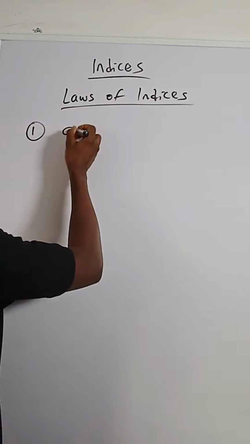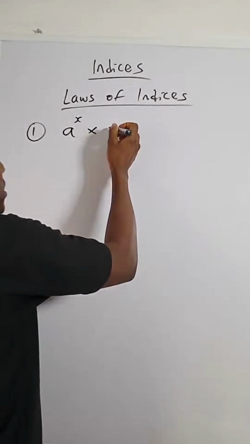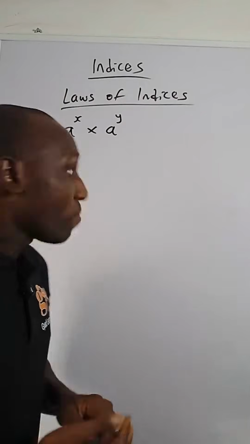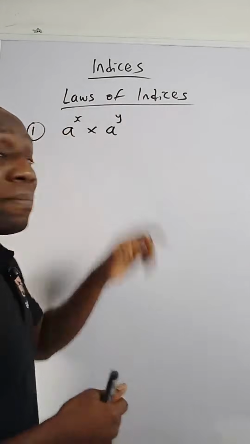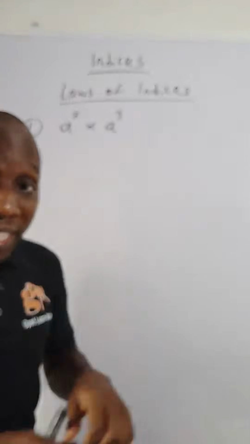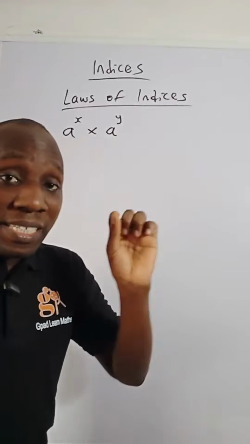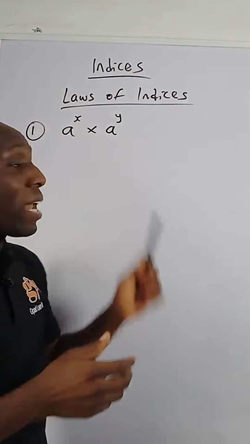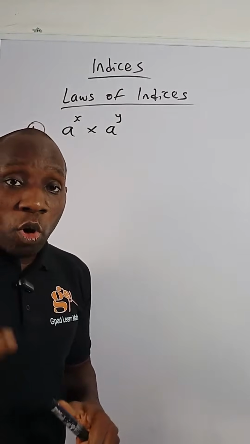If you have a raised to the power x times a raised to the power y, one thing you must know about using the laws of indices is this: they must have the same base. A and A are the base here. If they are not the same, you cannot apply this multiplication law of indices.